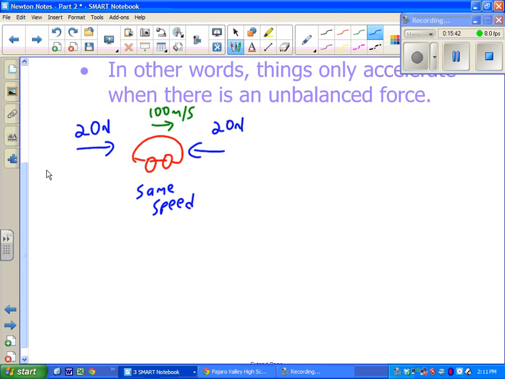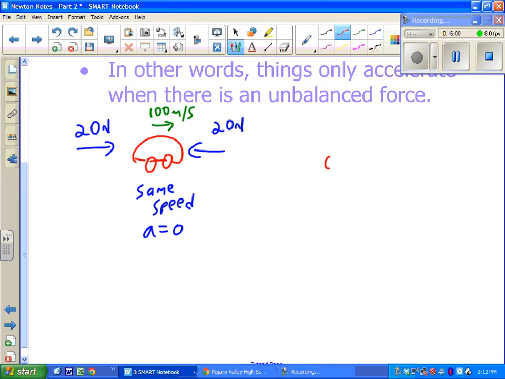This is because these forces are balanced. And because these forces are balanced, it's not going to go any faster. It's going to keep going at 100 meters per second. The car's not going to speed up, not going to slow down. There is no acceleration. a is 0.